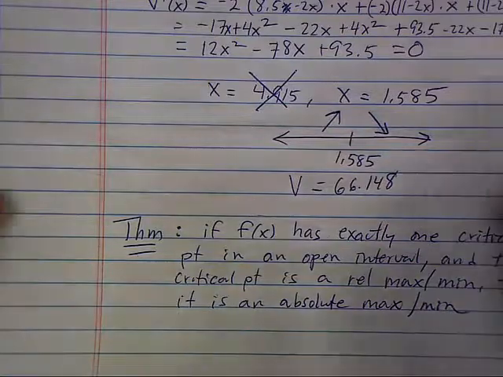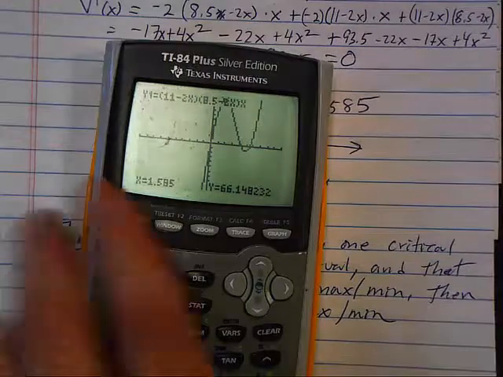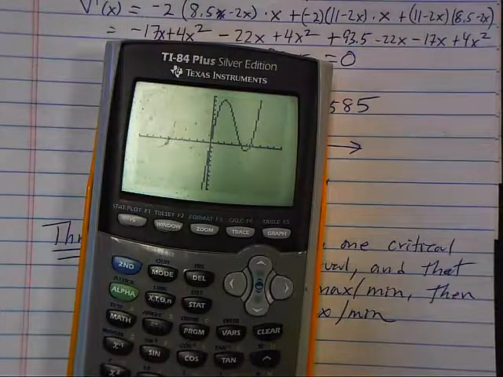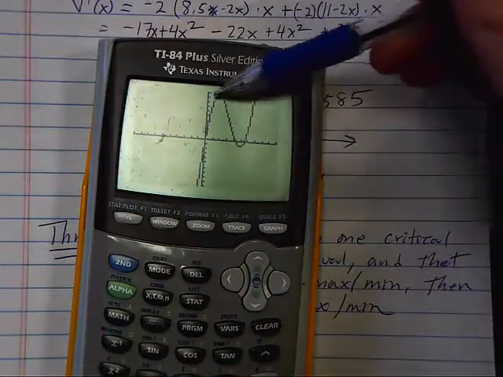So that's how you can tell if you have absolute minimums or maximums. Basically, you have absolute minimums and maximums when you only have one critical point. Why is that? What's special about having only one critical point? How come if we only have one critical point, then that has to be the absolute maximum?